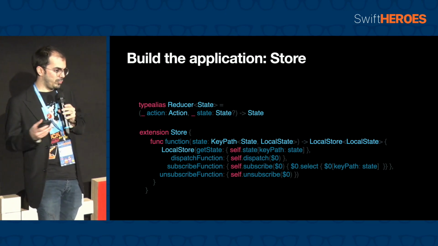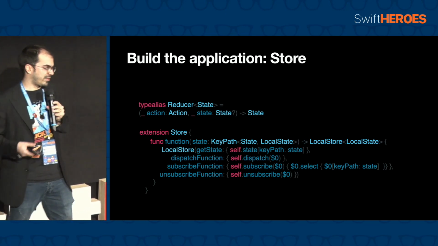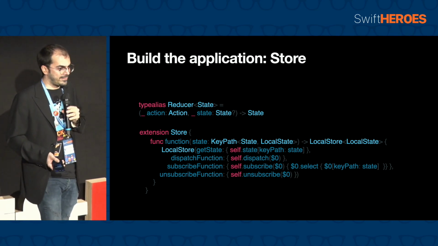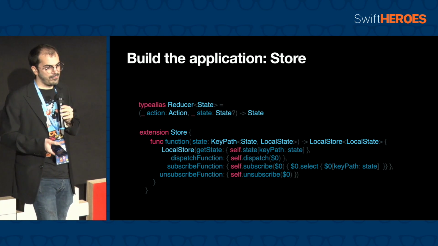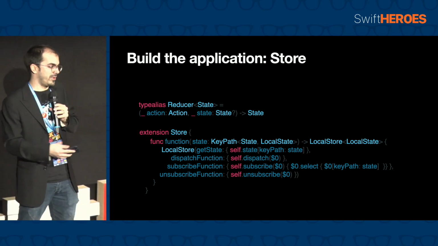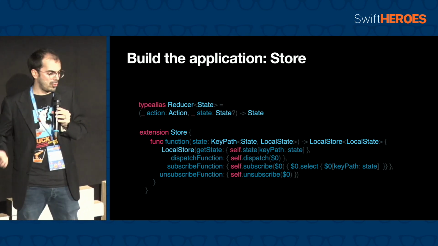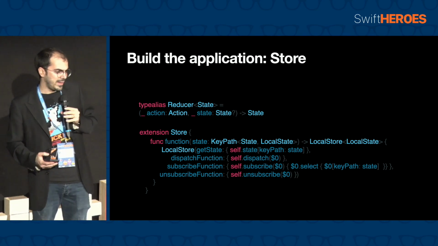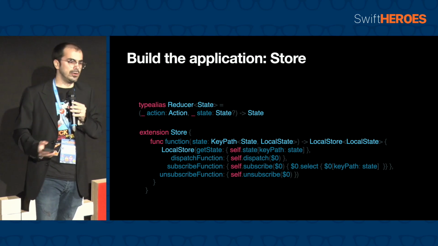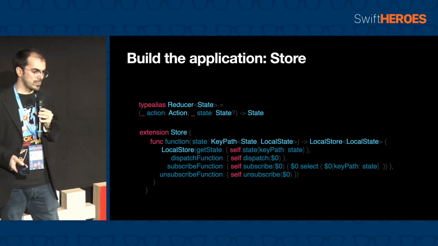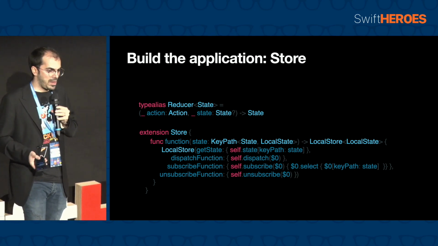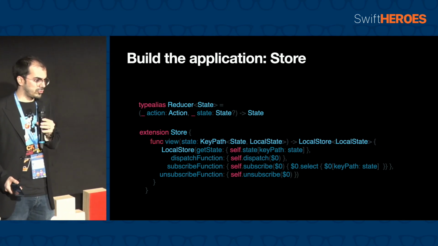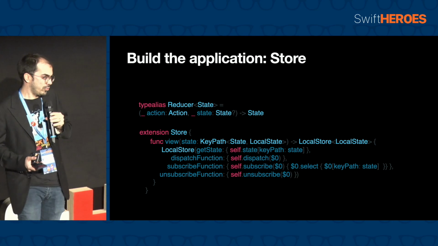So, of course, we need again a key path in order to transform from global to local, but now what we do is every time the local store calls dispatch function, calls subscribe, and so on, what we do is applying those kind of operations to the global store. It's very easy, I guess. And it's not only very easy, it works.